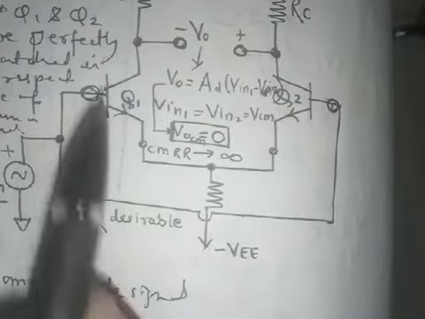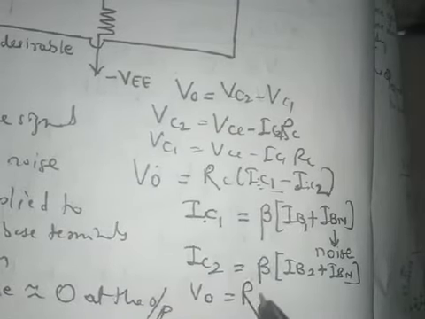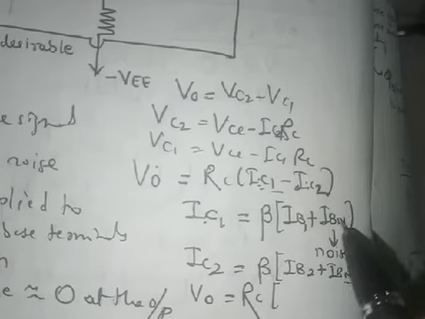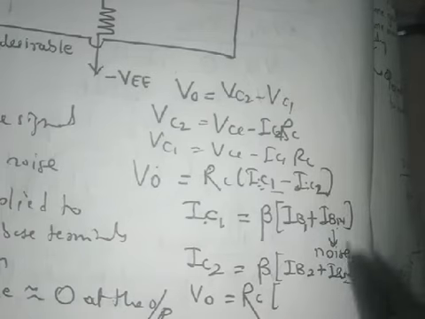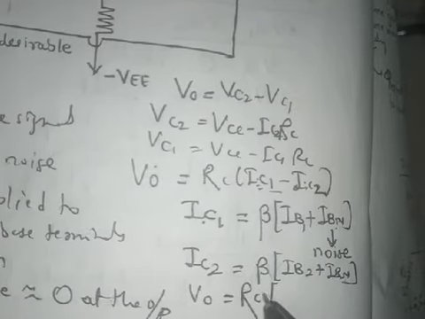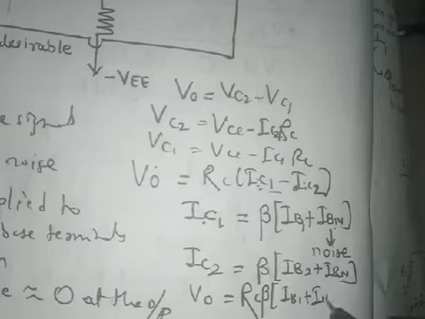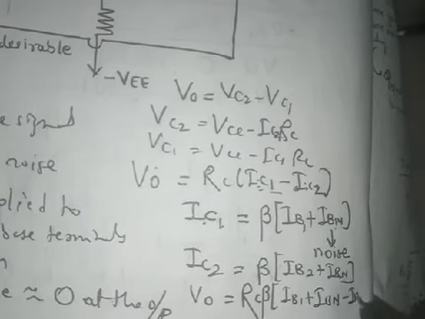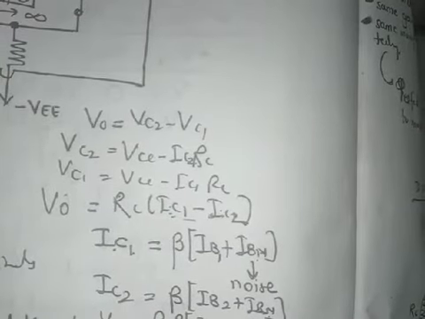So when you put the values of IC1 and IC2 here, you will find that at the output the IC1 gets subtracted from IC2, and definitely the same value of IBN, the current due to noise, also cancels out. So the expression becomes minus IBN.